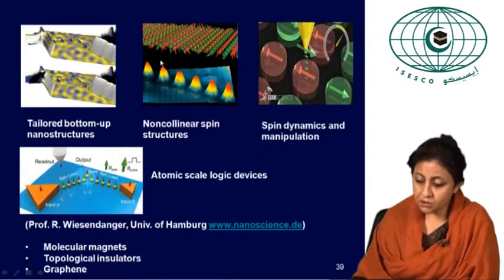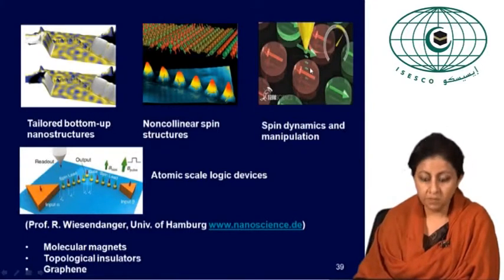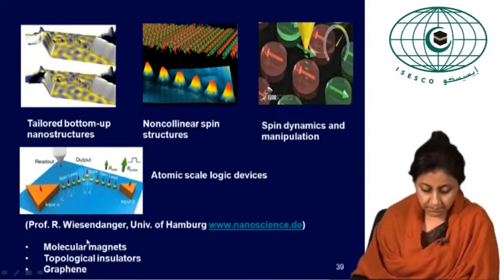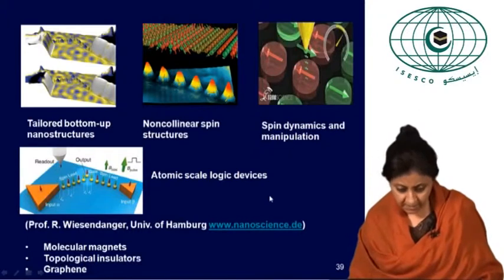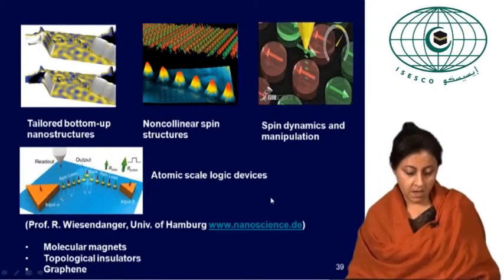It actually allows you to write the spin on this atom with the STM tip. So you can use the STM tip to overcome the anisotropy energy barrier and flip the direction of an individual atomic spin.